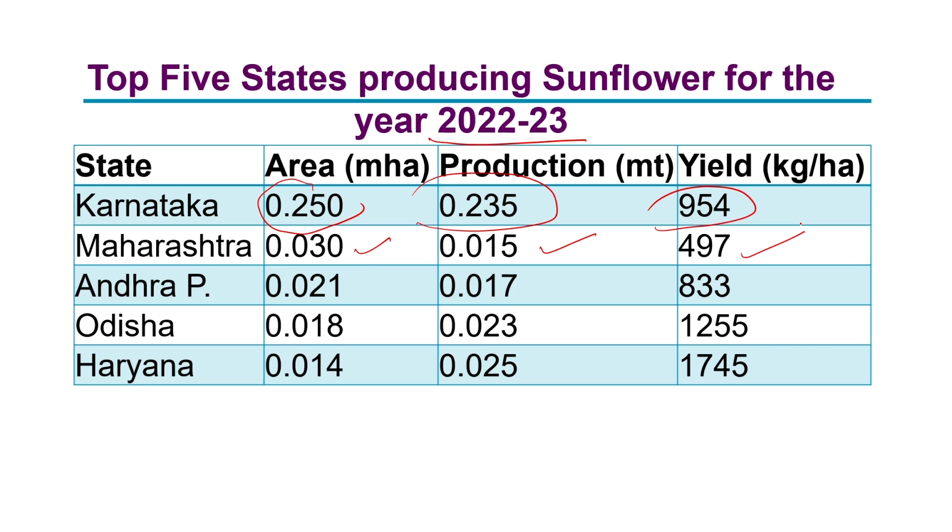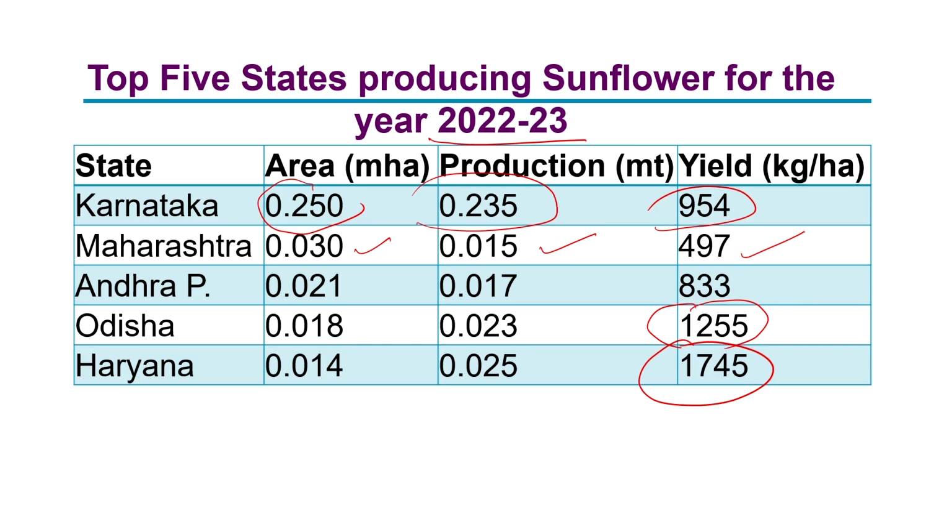Now you can see the yield, the productivity of this crop in different states. We find that Haryana had the highest productivity among these states, and the next state was Odisha, which produced about 1255 kg per hectare seed of sunflower, and Andhra Pradesh also got 833 kilogram per hectare yield, and Maharashtra got the lowest yield in all these states, which was 497 kilogram per hectare.